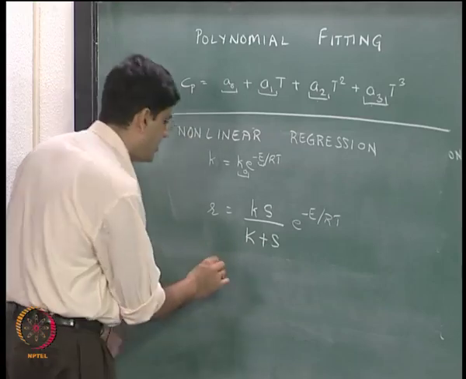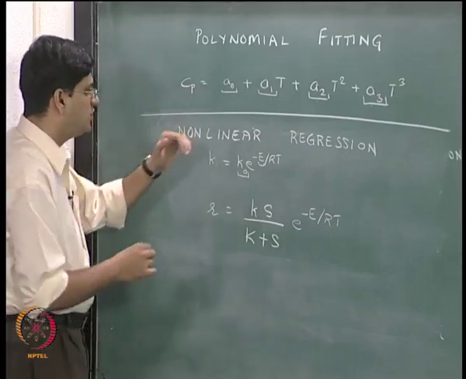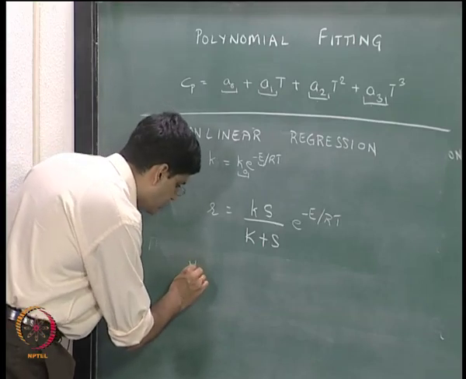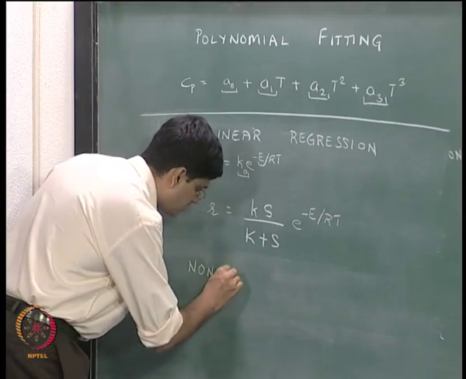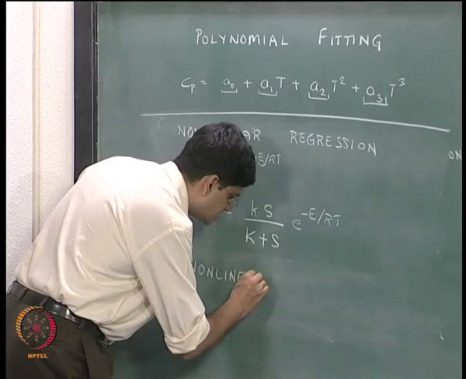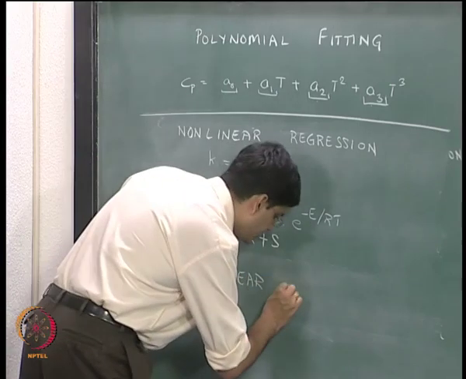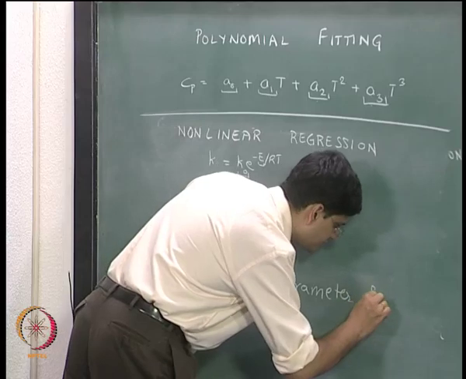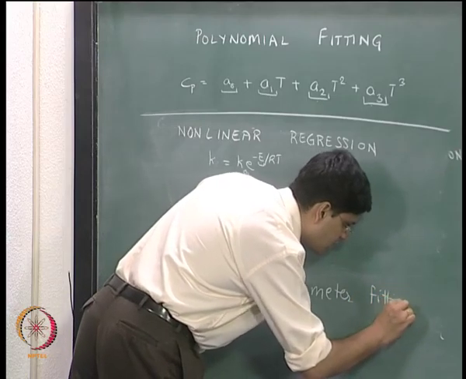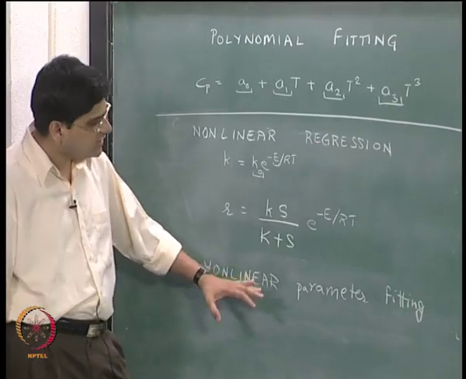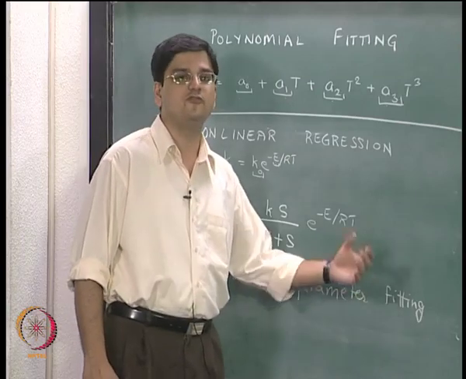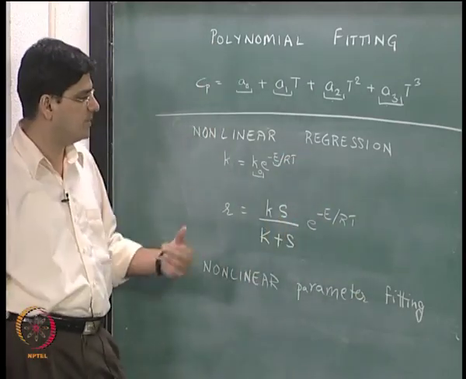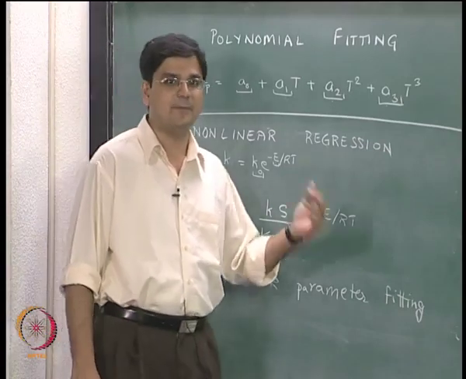When that is not possible and we want to do a non-linear parameter fitting, then we need to go to non-linear regression, or non-linear parameter fitting. Non-linear parameter fitting will be used when the model that we have developed is non-linear in the parameter space.